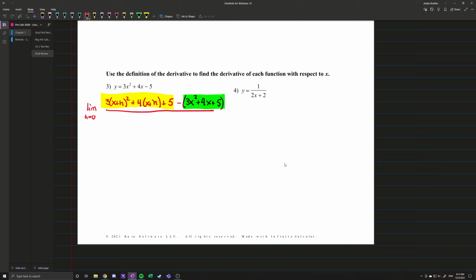We take that all over h, and then we're going to do the same thing that we did in the last couple of limits. We can expand, cancel out a couple terms, and see what happens. So 3 times (x plus h) squared is 3x squared plus 6xh plus 3h squared, and then plus 4x plus 4h minus 5, and then minus 3x squared minus 4x plus 5.